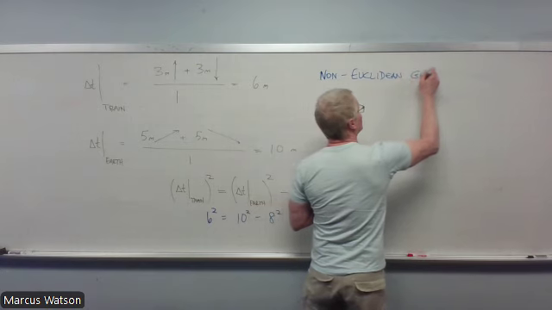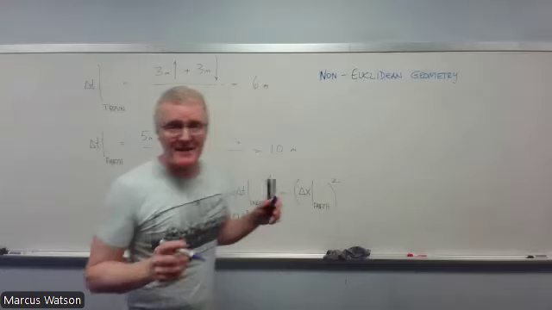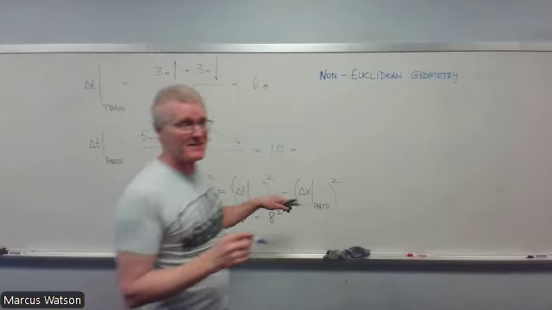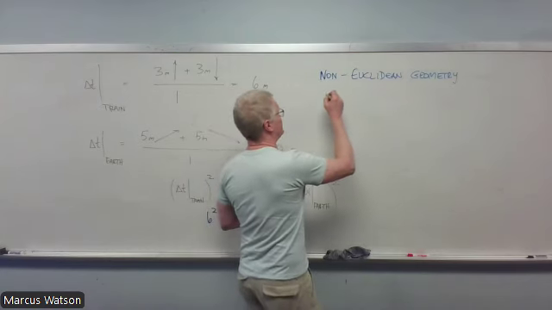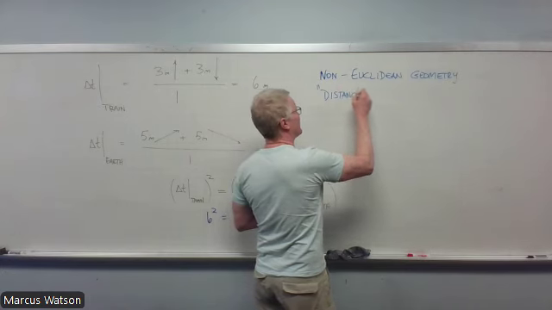We have non-Euclidean geometry, and therefore what we would say is that the "distance" between events is actually given by the square of the time minus the square of the space between them. I'll put distance in quotes because this is really a space-time distance.